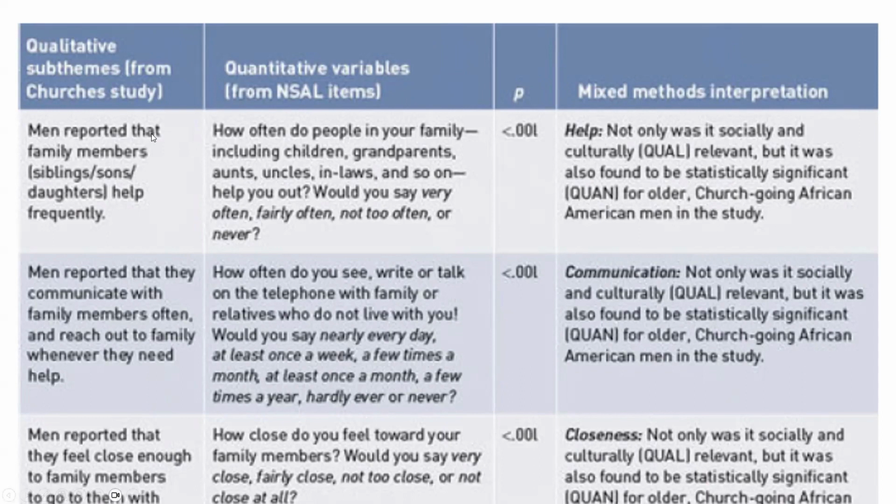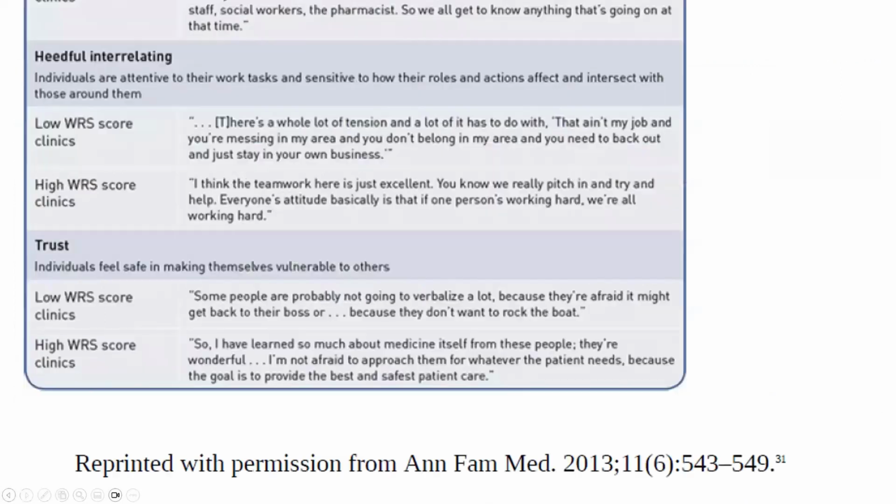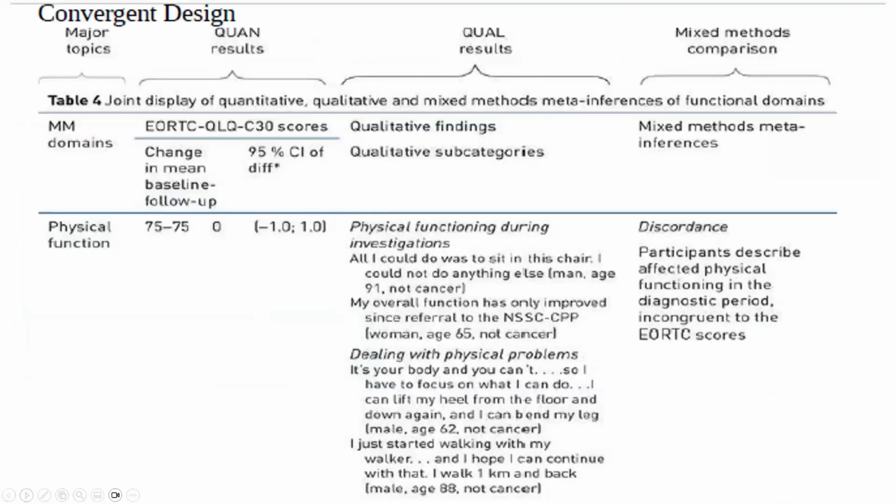And do you know you are integrating qualitative into quantitative here? Integration is here. You are also interpreting in a mixed method way. This is the way you interpret. In conversion, where were you integrating? You are integrating here.